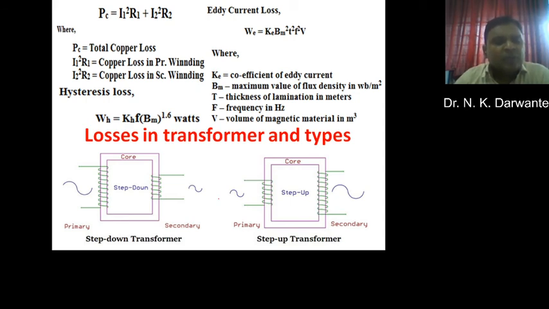In the step down transformer, for example, if we have given the input voltage as 100, and the number of turns of primary is 100, and the number of turns of secondary is 50, then at the output of the secondary you will get 50 volts. This is an example. Depending upon the input voltage, the output voltage is going to vary by using the ratio of primary and secondary.